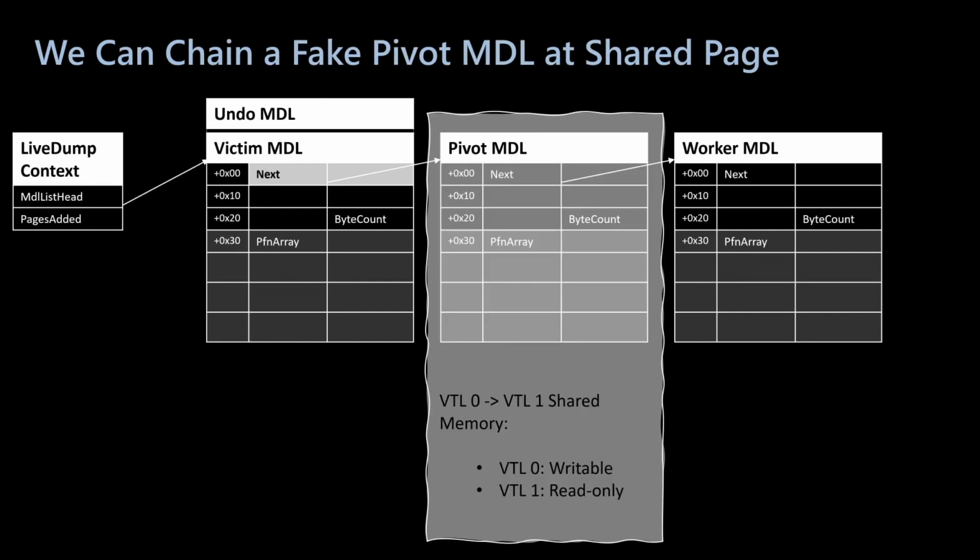If we make the pivot MDL in the shared memory, which is writable from VTL0, we can fully control its content, including the next pointer and byte count. This modification will be reflected to the VTL1 in real time, which can be used for repetitive adjustment of the next pointer and overwrite to arbitrary address.